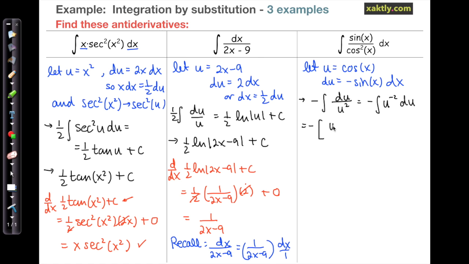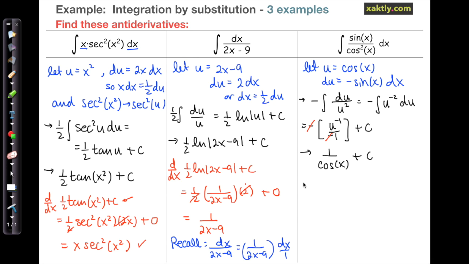Well, then that's a pretty straightforward integral to do. It's just u to the minus 1 over minus 1. So we have a bunch of signs here to deal with, so just be careful with that. These two negative signs disappear, leaving us with just 1 over u plus c. So we'll just resubstitute cosine x in for u, and we can write that out.